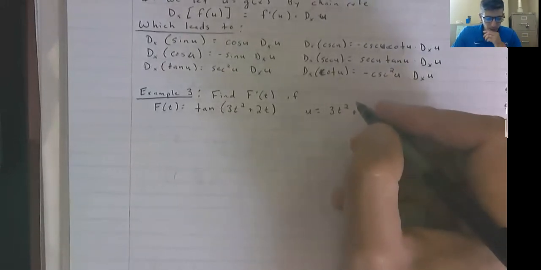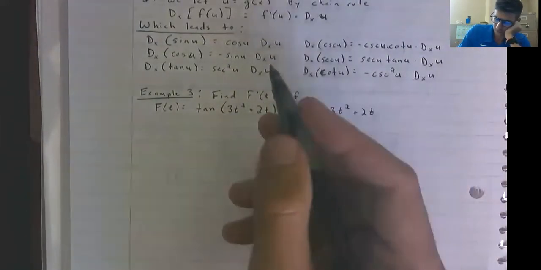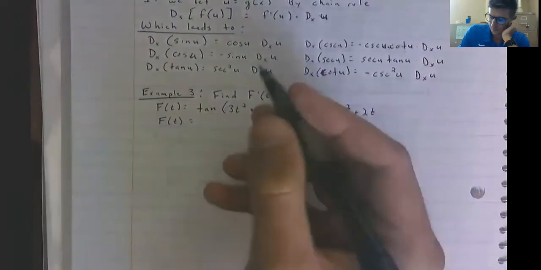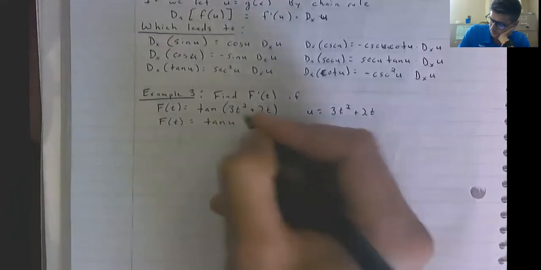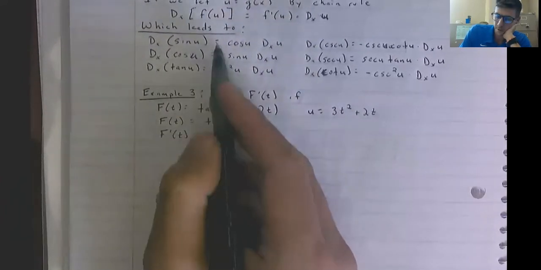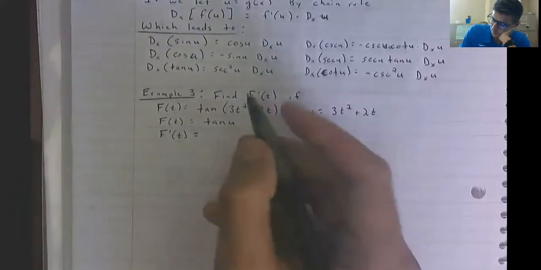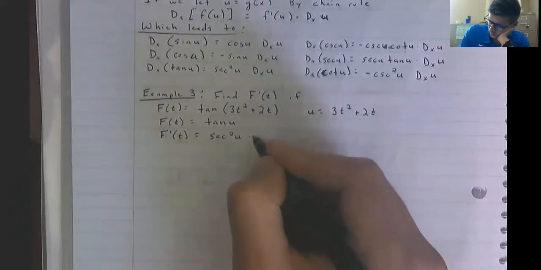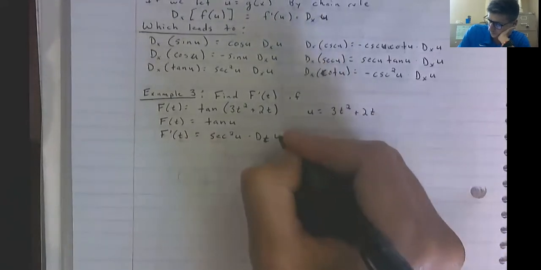And so if it's helpful to think of f of t equal to the tangent of u, then according to our definition up here, the derivative of tangent of u will be secant squared u times the derivative, sorry, this should be a t, derivative with respect to t of u.